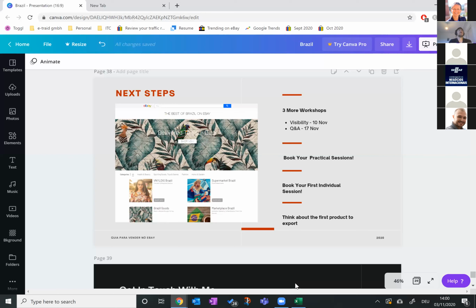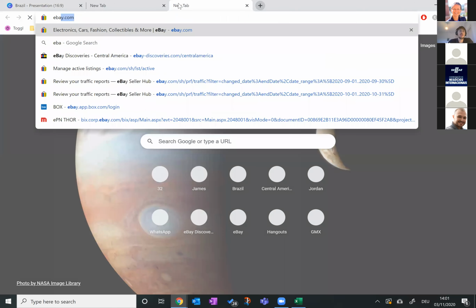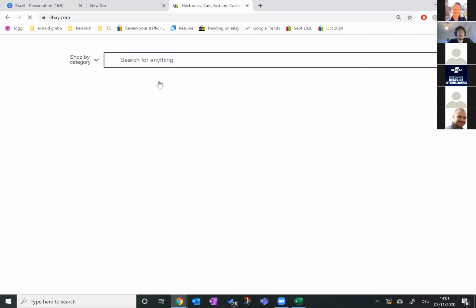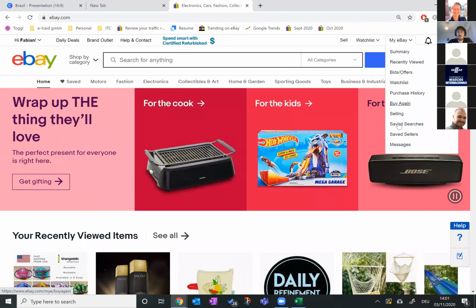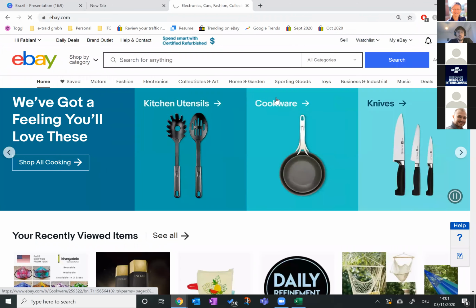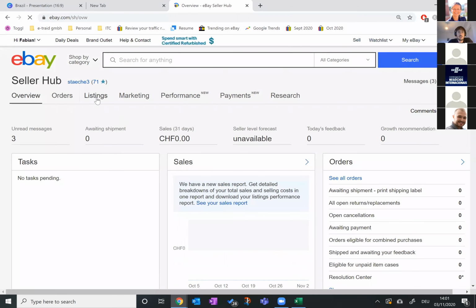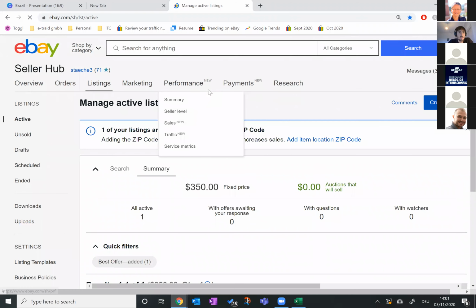Essentially, yes. You can share a link back to your eBay store from your Instagram. You can easily integrate with social media. Let's go back and look at my item for a second, and you'll see how it can be integrated with social media. Where's my listing? Here, active listings. Okay.